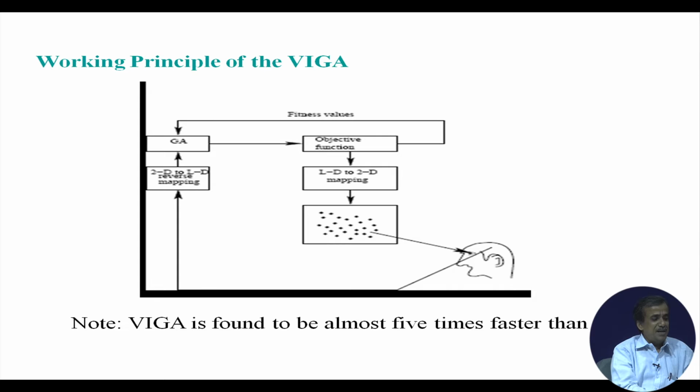We implemented this on a number of test functions, and we have seen that this VEGA is found to be almost 5 times faster than the ordinary binary coded GA or simple genetic algorithm. We have tested on a number of test functions. Of course, the performance of this VEGA is found to be function dependent, but it could give the optimal solution a bit faster.